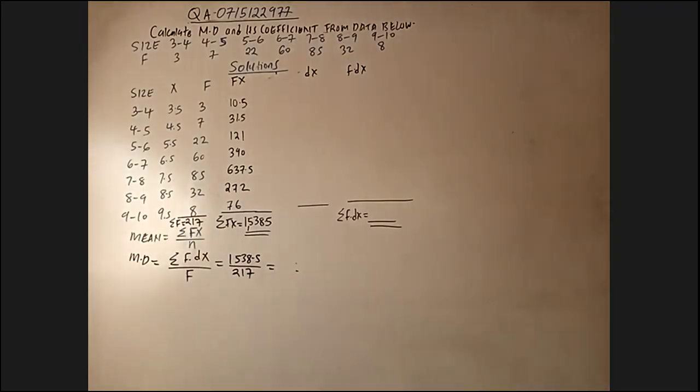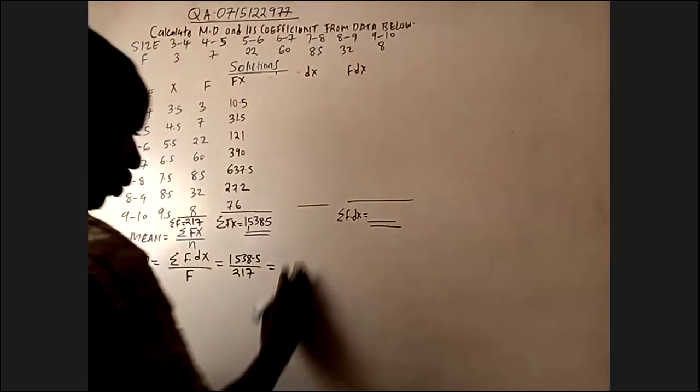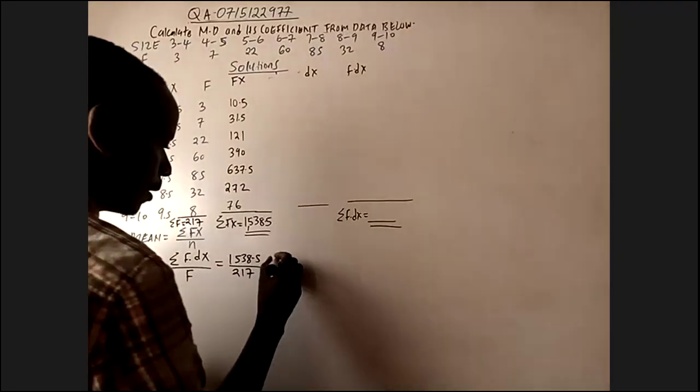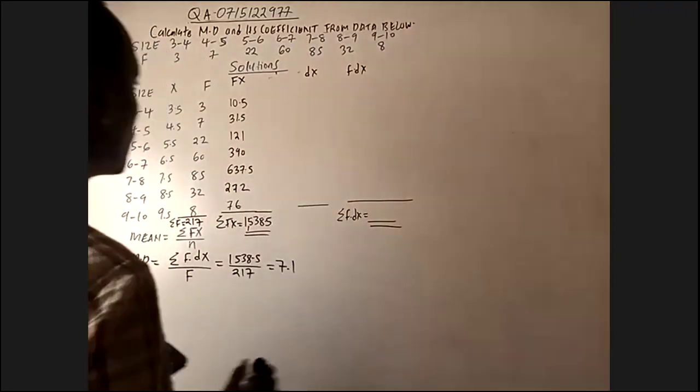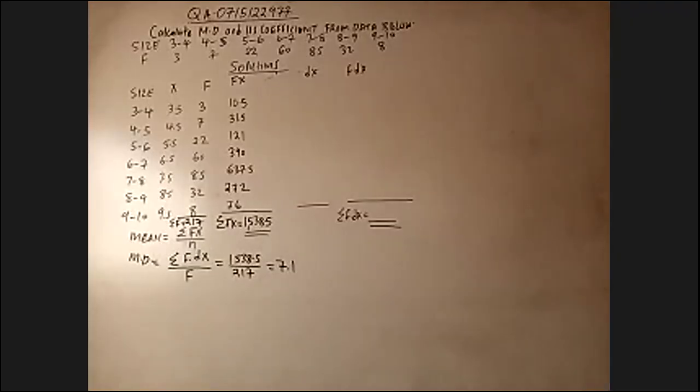What is your mean now? 1538.5 divided by 217 gives 7.1. Now let's find dx.